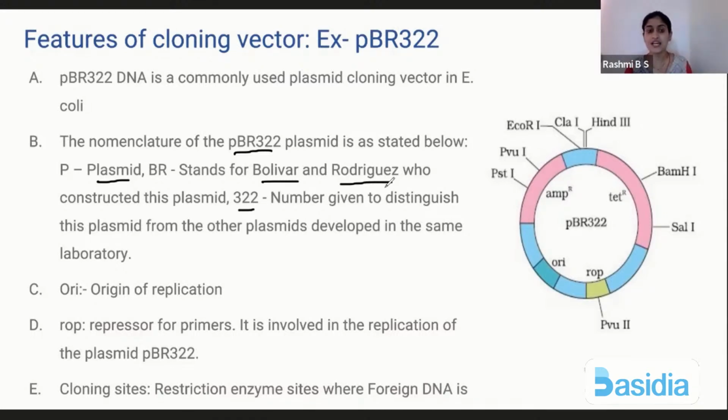In that laboratory, the discovery of this plasmid was the 322nd discovery. Hence, they labelled it as 322. So, plasmid, Bolivar, Rodriguez, 322. The 322nd model developed in that laboratory.